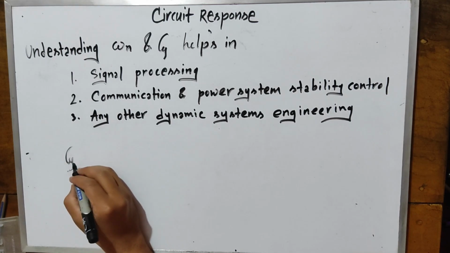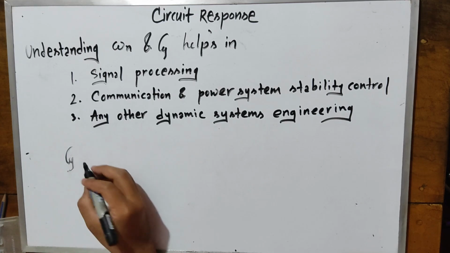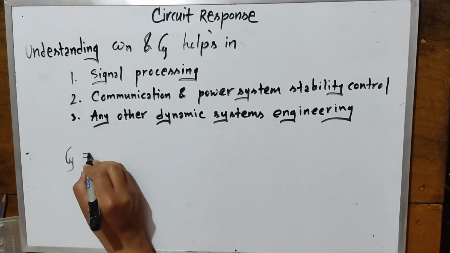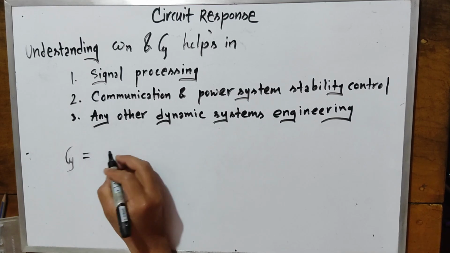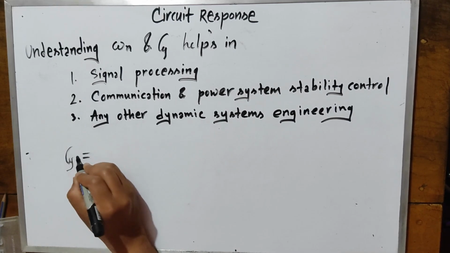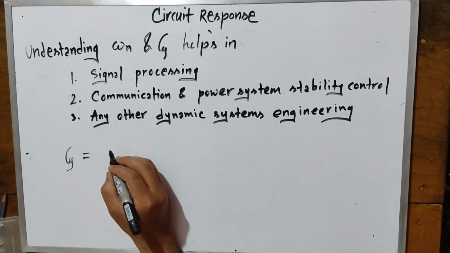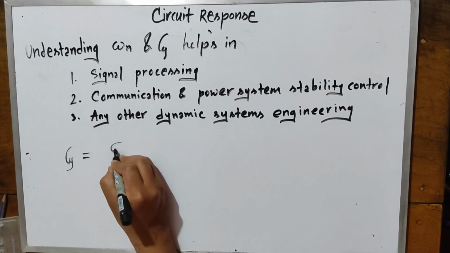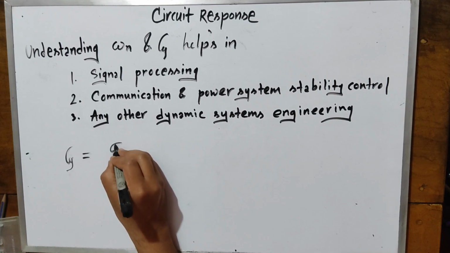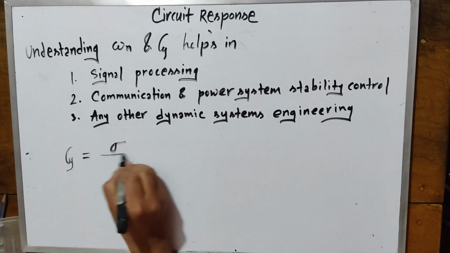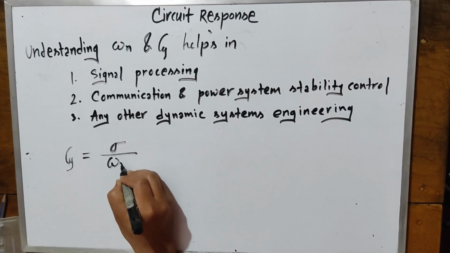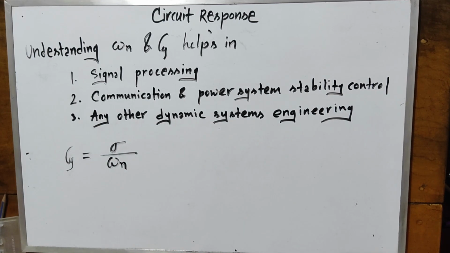I'm going to define the damping coefficient or damping factor as the ratio of two terms: the Napier frequency divided by the undamped natural frequency.